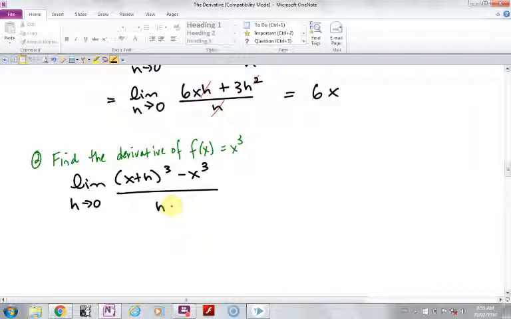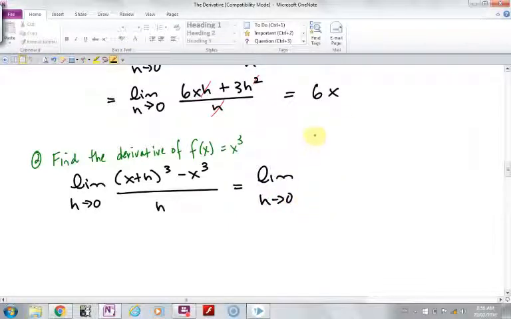Well, you've got to subtract the x cubed, right? Oh, yeah. So that's just the cubic. So subtract the x cubed, and then divide everything by h. We got 3x squared, as h approaches 0.